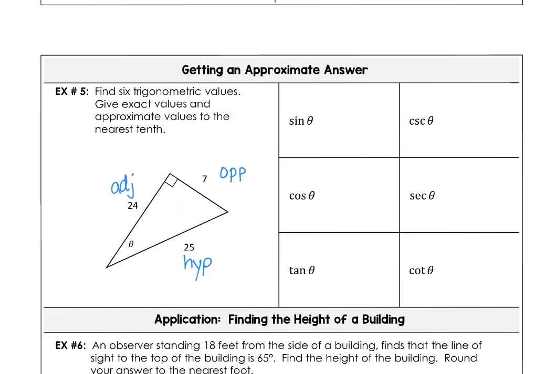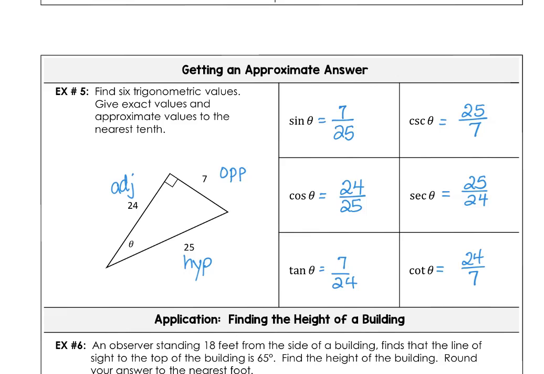So sine of theta is 7/25. Its reciprocal cosecant would be 25/7. Cosine of theta is adjacent to hypotenuse, so secant is 25/24. And tangent is opposite to adjacent, so cotangent is 24/7. And those are the exact values.